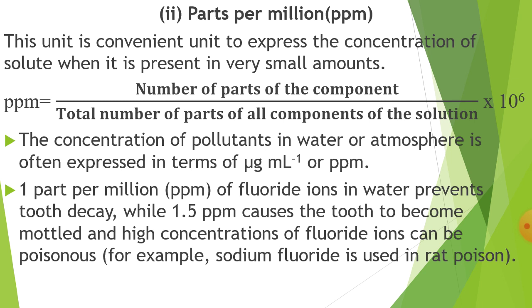By this formula, you can calculate concentration in terms of ppm. The concentration of pollutants in water or atmosphere is often expressed in terms of microgram per ml or ppm.